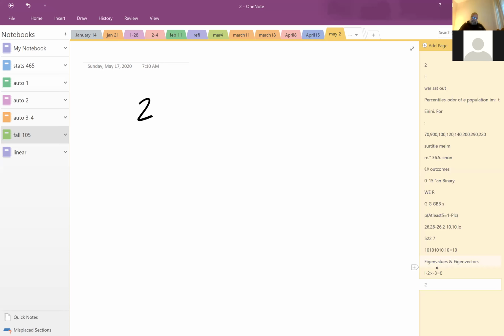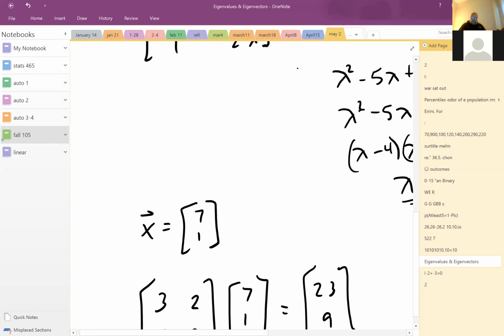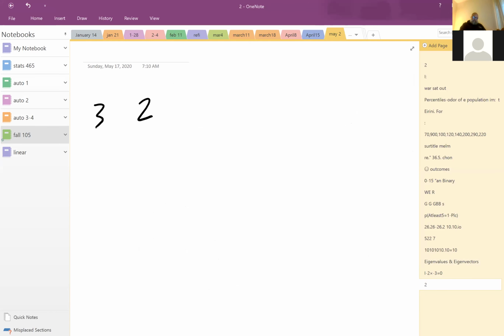You might have a situation like this, where you had 3x plus 2y is equal to dx dt, and x plus 2y is equal to dy dt.